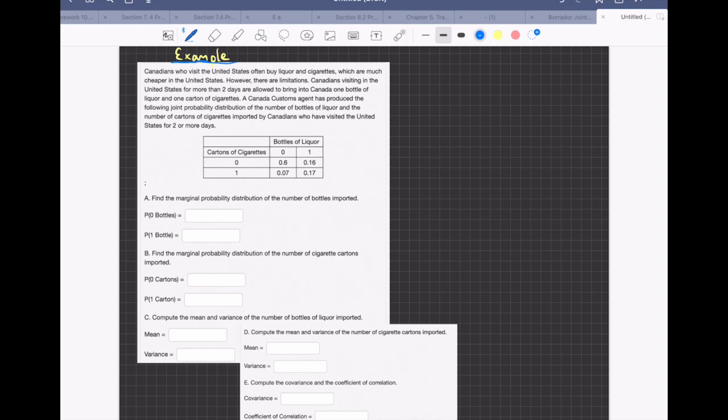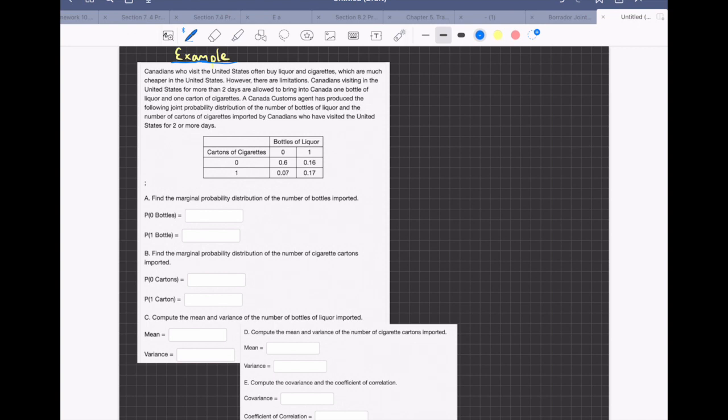Maybe they are much cheaper in Mexico. However, there are limitations. Canadians visiting the United States for more than 2 days are allowed to bring into Canada one bottle of liquor and one carton of cigarettes. A Canada customs agent has produced the following joint probability distribution of the number of bottles of liquor and the number of cartons of cigarettes imported by Canadians who have visited the United States for 2 or more days.